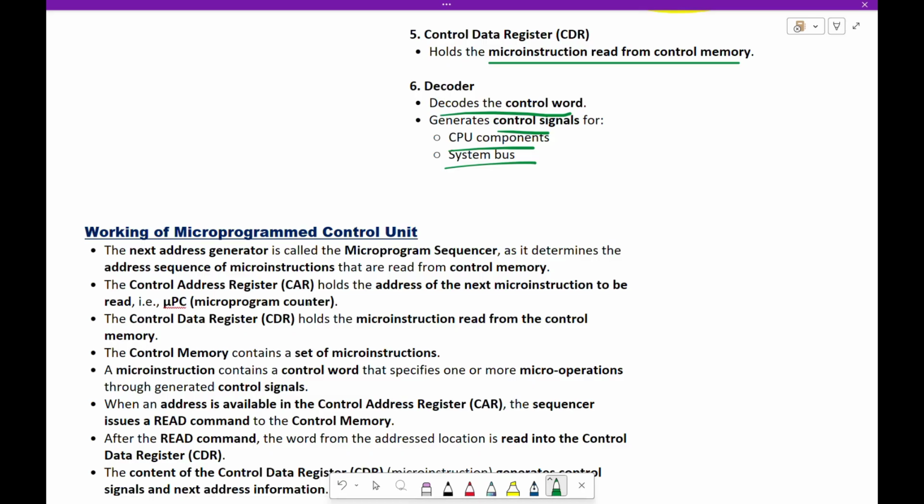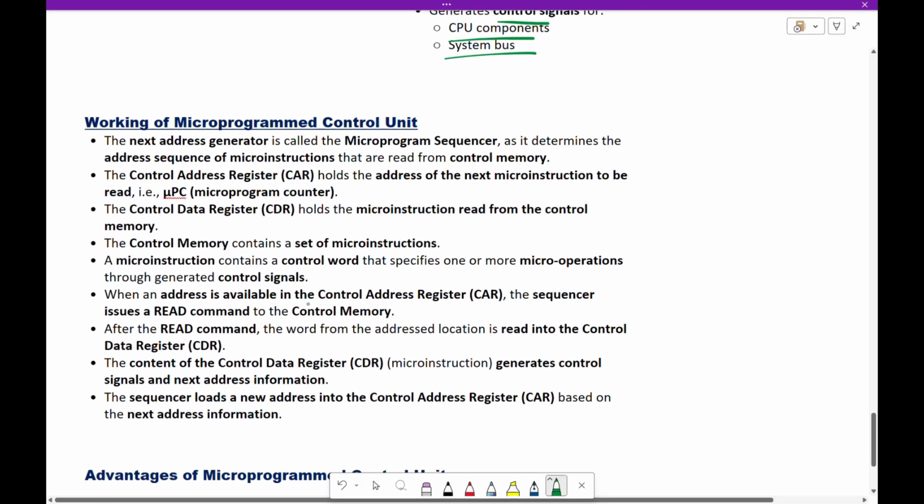Working of the microprogram control unit: the next address generator, called the microprogram sequencer, determines the address of the sequence of microinstructions to be read from the control memory.